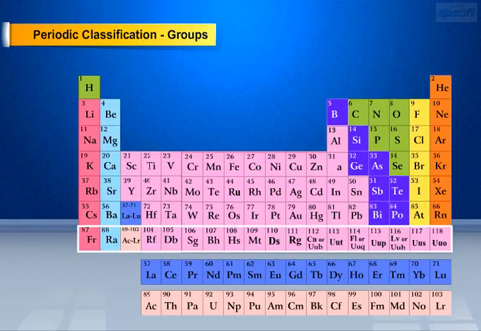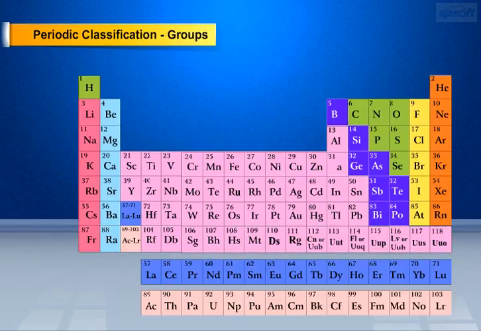The horizontal rows in the periodic table are called periods. The elements in these periods have the same number of valence shells. There are 7 periods in the standard form of the periodic table, that is period 1, period 2, period 3, period 4, period 5, period 6, and period 7.